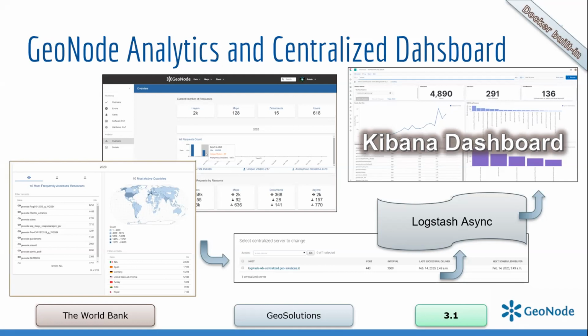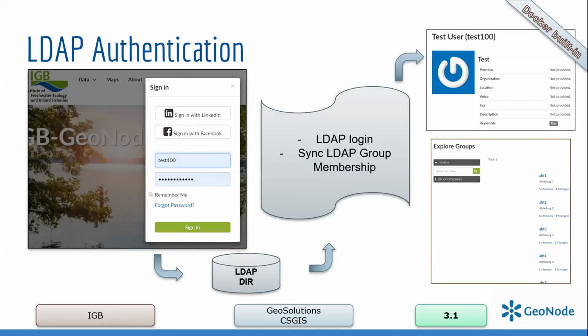Also, if you are able to configure a Kibana dashboard according to the documentation, GeoNode is able to automatically package and send the logs to the dashboard, so you can create very cool filters and charts to monitor your instance very well.